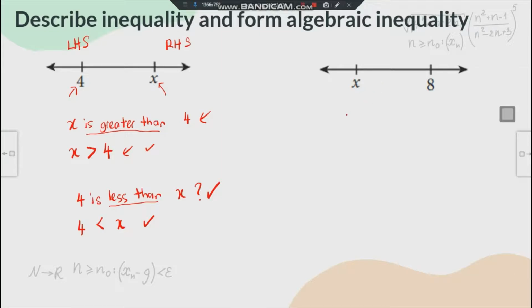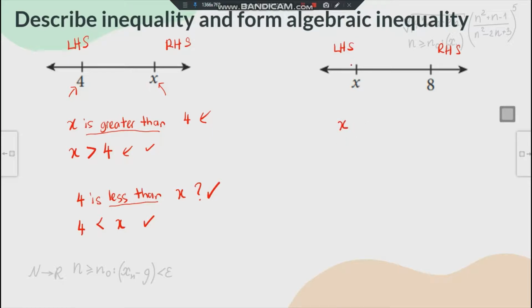Look at our second number line, where we have x on your left hand side and 8 on your right hand side. Again, we know that everything on your right must be bigger than anything on your left. But here we want to write our x first. We want to compare x with a number.